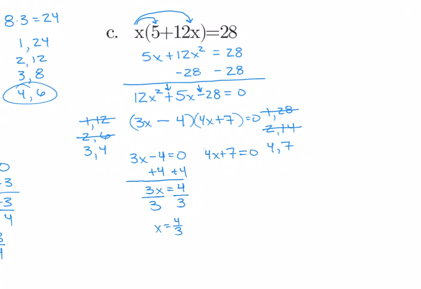On our second factor, we can subtract 7 from both sides. We can divide by 4, and we get -7/4. So my solutions in my squiggly brackets is going to be 4/3 and -7/4.